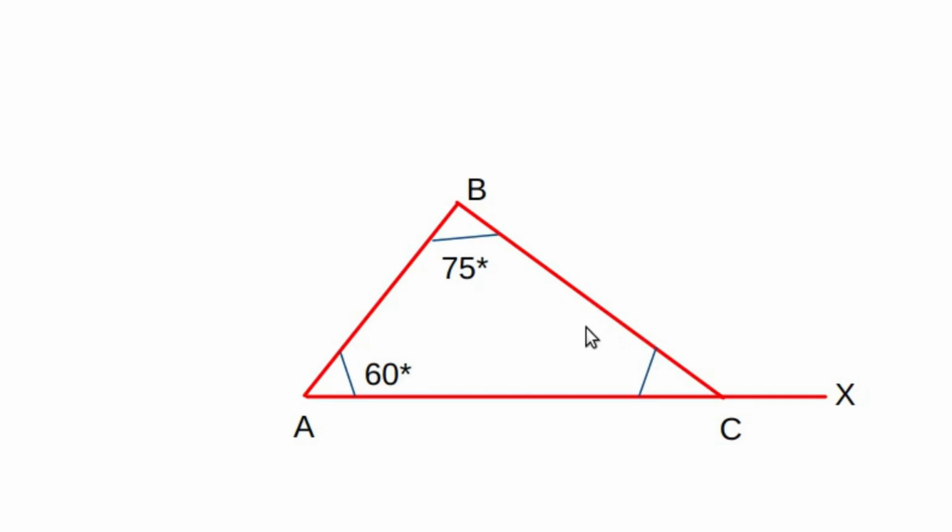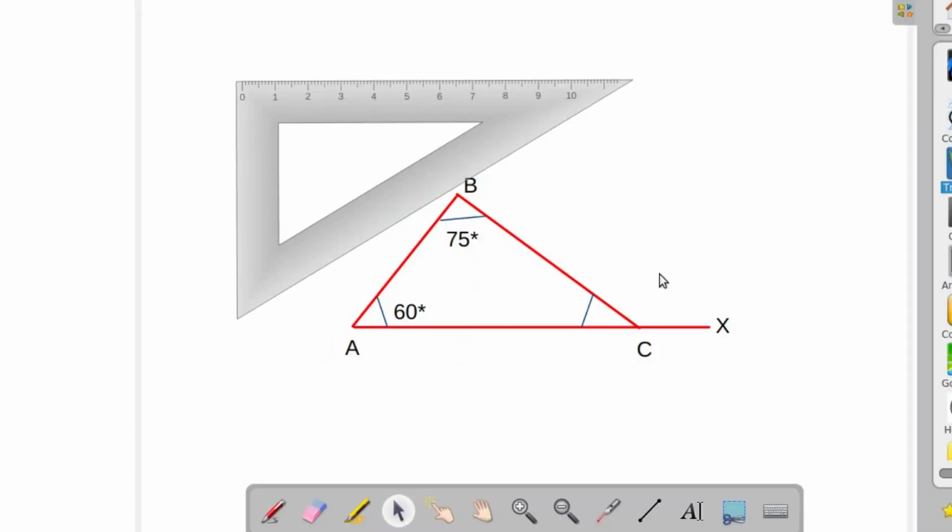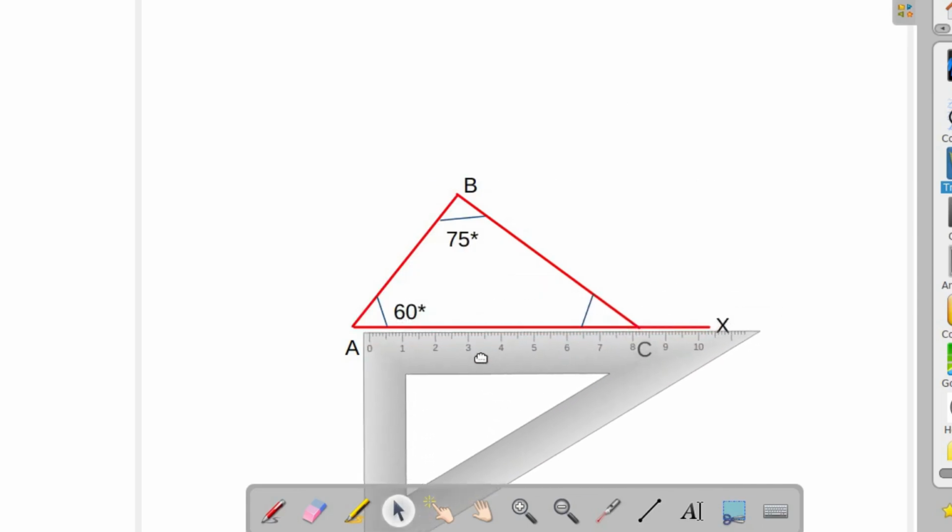Listen very carefully. This activity is given in your textbook to prove that the sum of the angles of any triangle is 180 degrees. So in order to do this, I take this set square and I keep the set square here.